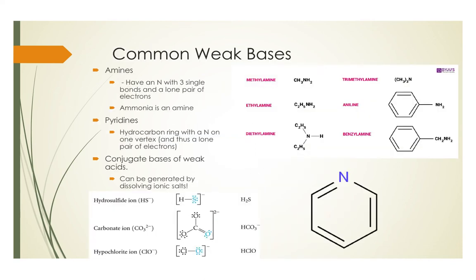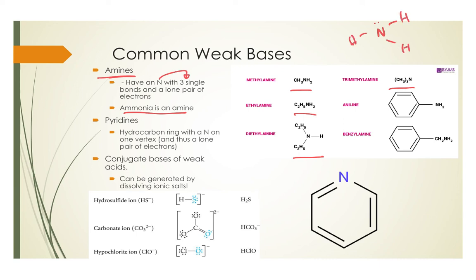Some other key common weak bases are amines. Amines are compounds that have a nitrogen with 3 single bonds and a lone pair of electrons. So methylamine, ethylamine, those were both examples of that. Diethylamine, trimethylamine, all of these, right? They all have an N with 3 bonds and a lone pair. Ammonia is an amine, okay, NH3.